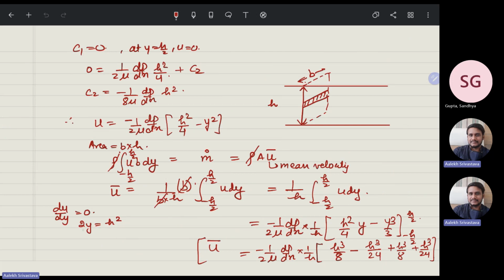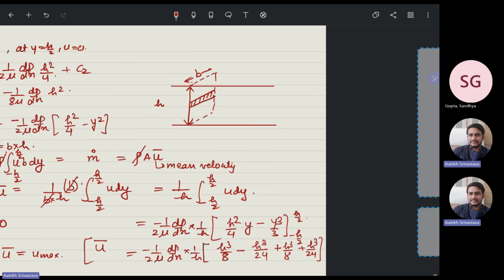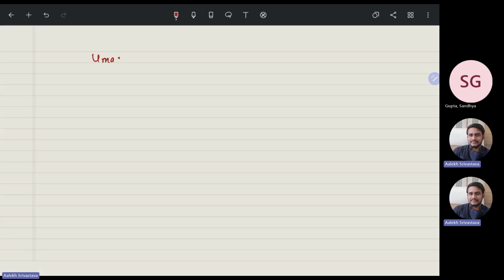If you simply solve, if you make it derivative, you will get where y maximum will occur, and also you will get what is the u max. So you will simply get 3 by 2 of u bar is equal to u maximum. That means u max is equal to 3 by 2 of u bar. You can try on its own.